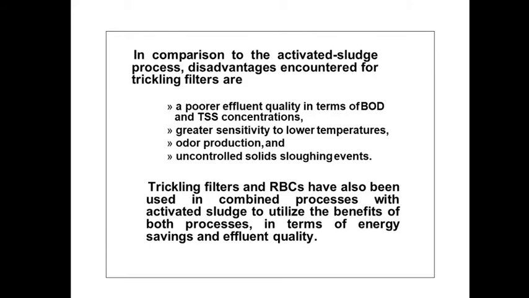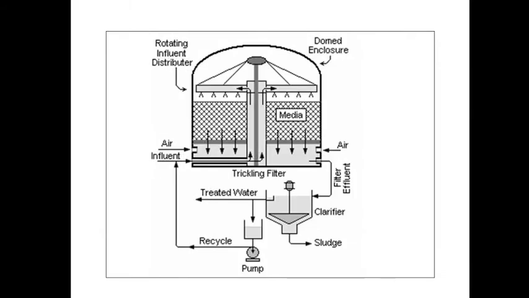Trickling filters and RBCs have also been used in combined processes with activated sludge to utilize the benefits of both processes in terms of energy saving and effluent quality. So if you use activated sludge and trickling filters in combination, and also RBCs in combination, we can improve the effluent quality.